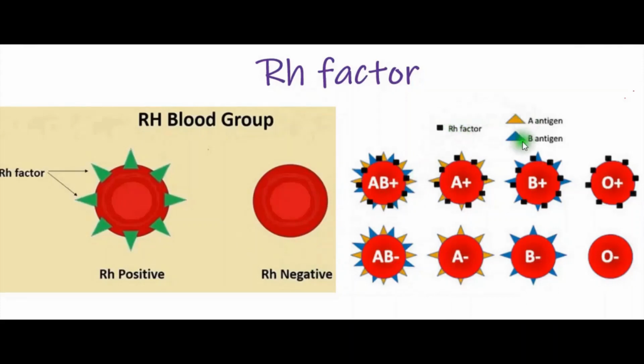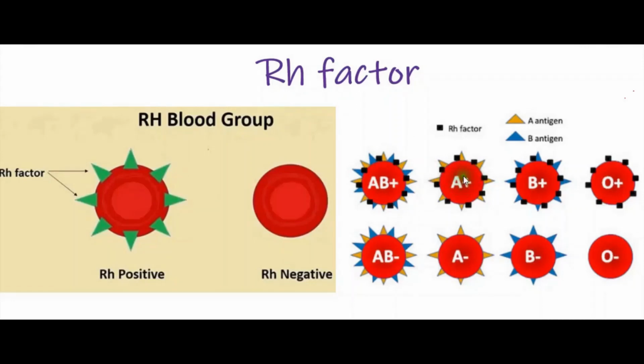Now through this diagram we can see, just look at the colors. The black color indicates RH factor. The light yellow or orange color indicates A antigen and the blue color indicates B antigen. AB blood group contains A antigen, B antigen and RH factor in the person's body.